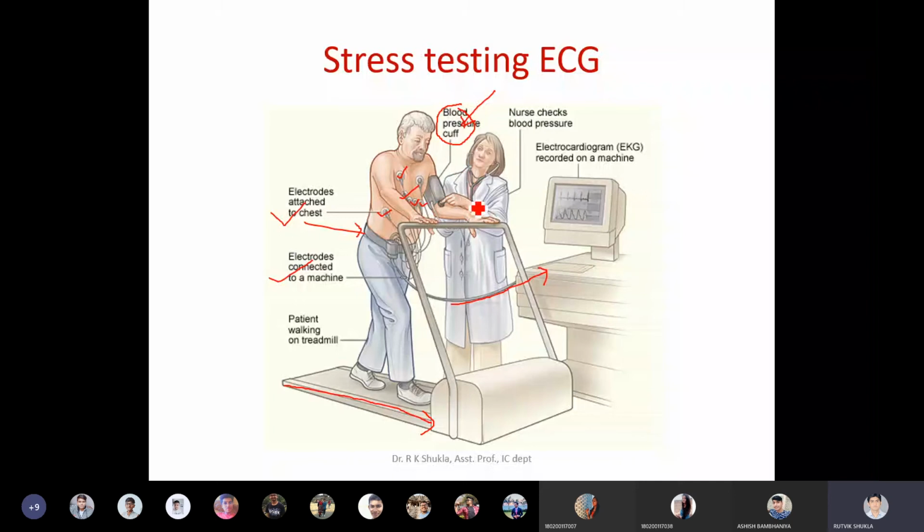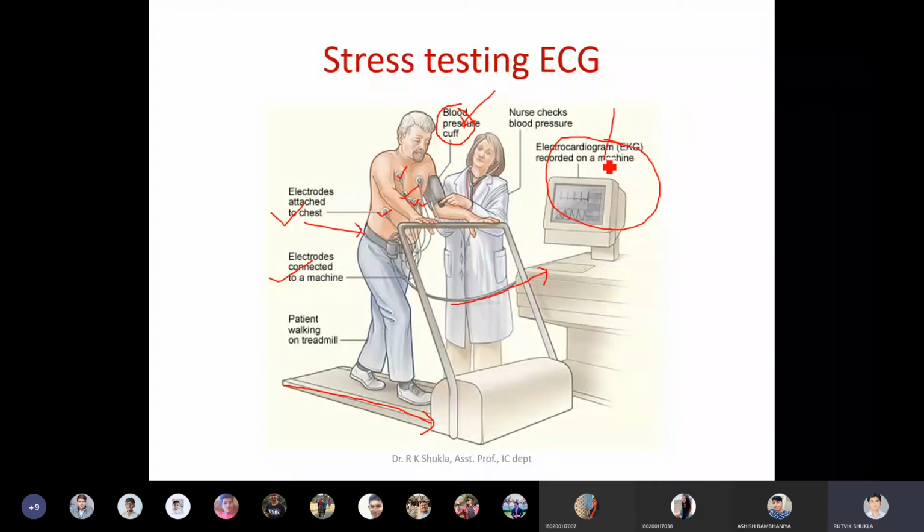So here you can see the nurse is regularly keeping track of blood pressure, and ECG or EKG is recorded on the machine. So what will the nurse or the operator do? The operator sets a certain protocol.